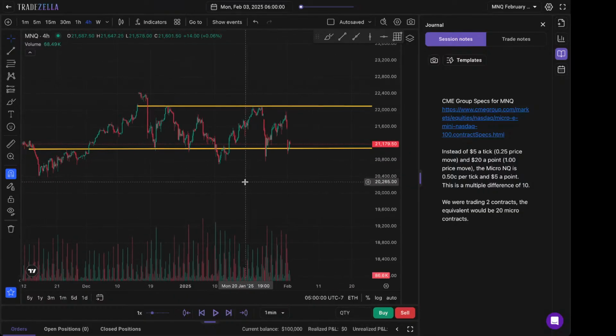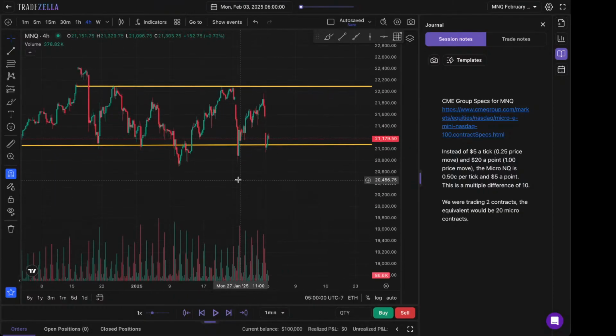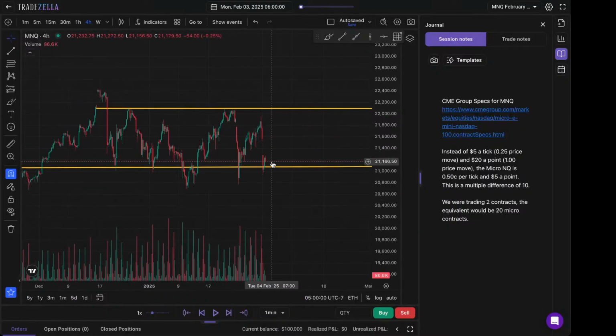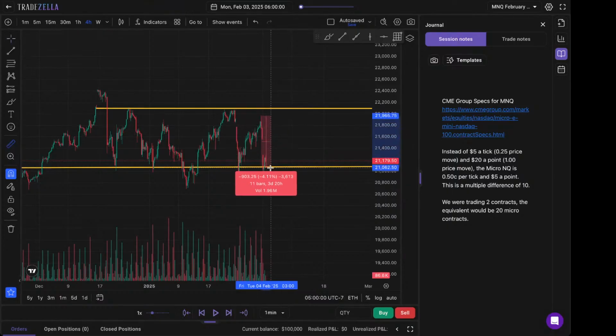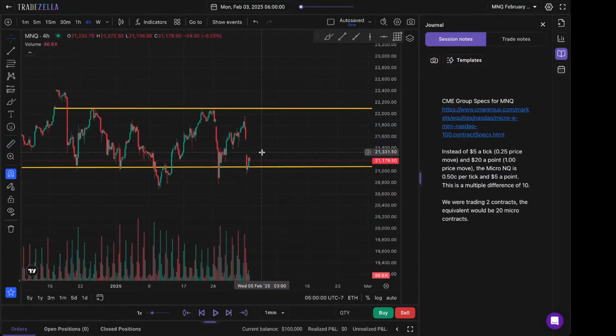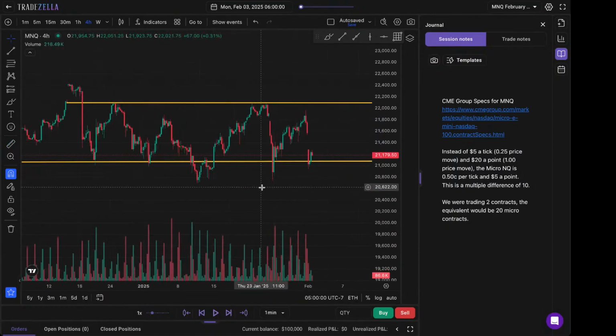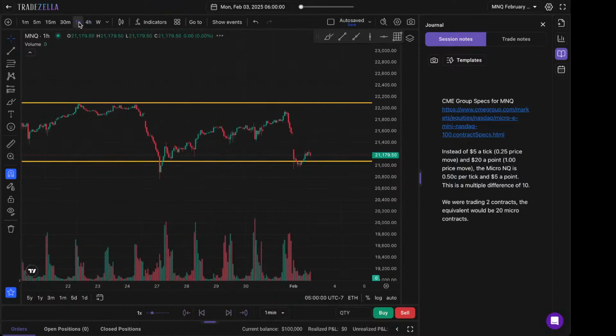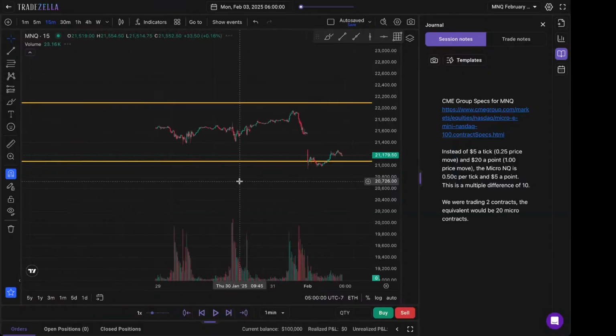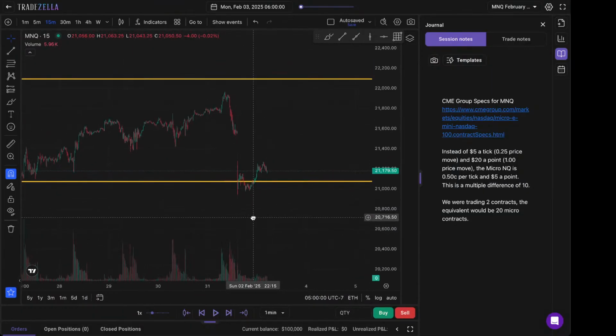All right. Oh, that'd be a beautiful trade. Oh, this is, yeah, we're on the 4 hour. We're looking at huge moves. Let's look at the 15-minute here.